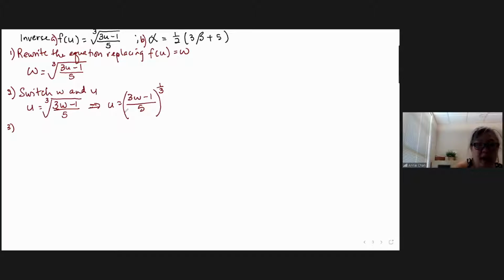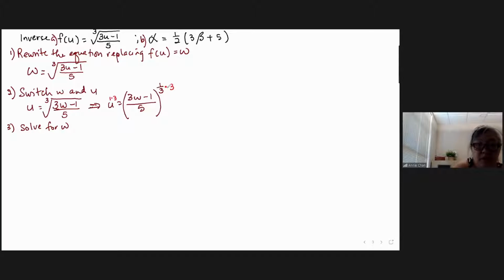Now, according to what Tricia was saying, I can first get rid of the function. So now I'm going to solve for W. I'm going to raise both sides to the power of 3. Why am I doing that?